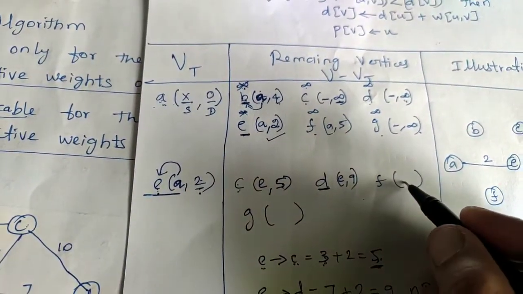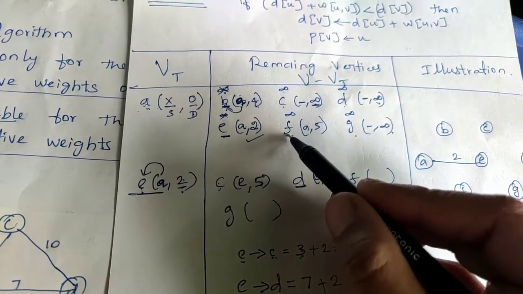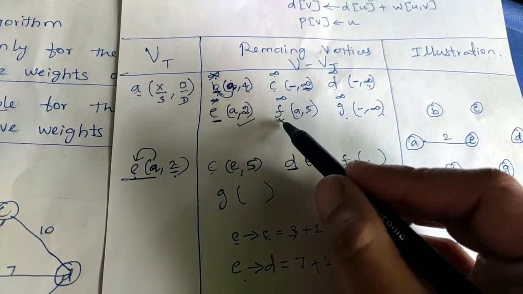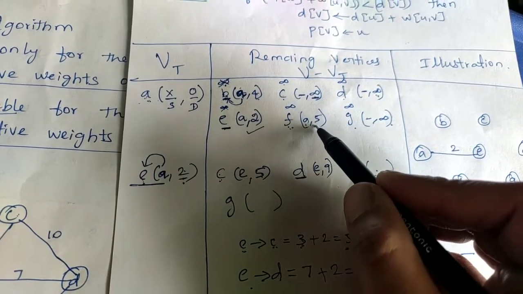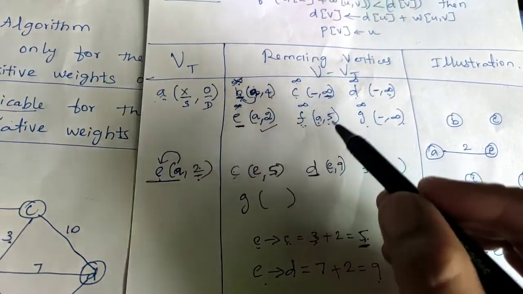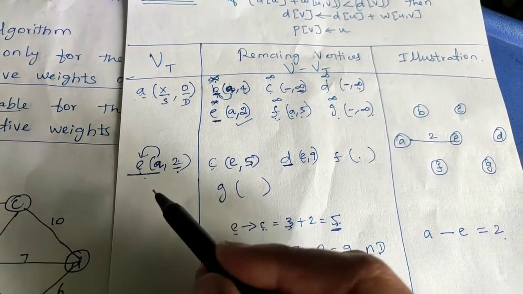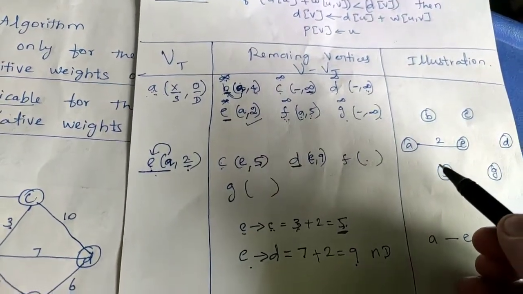Try to visit the vertex F. See, the vertex F already has been visited from A with the distance 5. Let us try to visit from E and we'll check whether we'll get a lesser distance than the distance 5 or not.